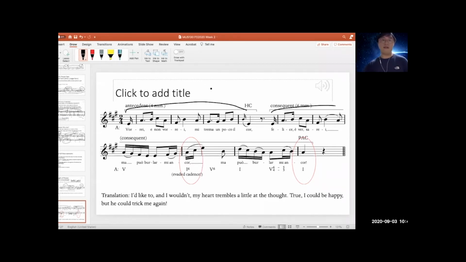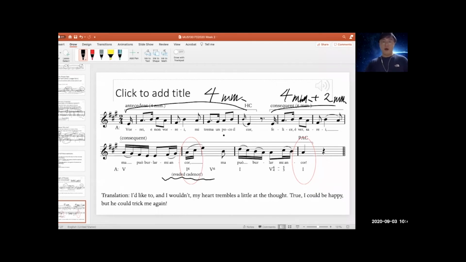Whereas the antecedent was 4 measures, now the consequent looks like 4 standard measures plus 2 more measures. How is the consequent expanded? This example used the technique of evaded cadence. As its name suggests, the cadence is evaded so that a few more measures can follow.